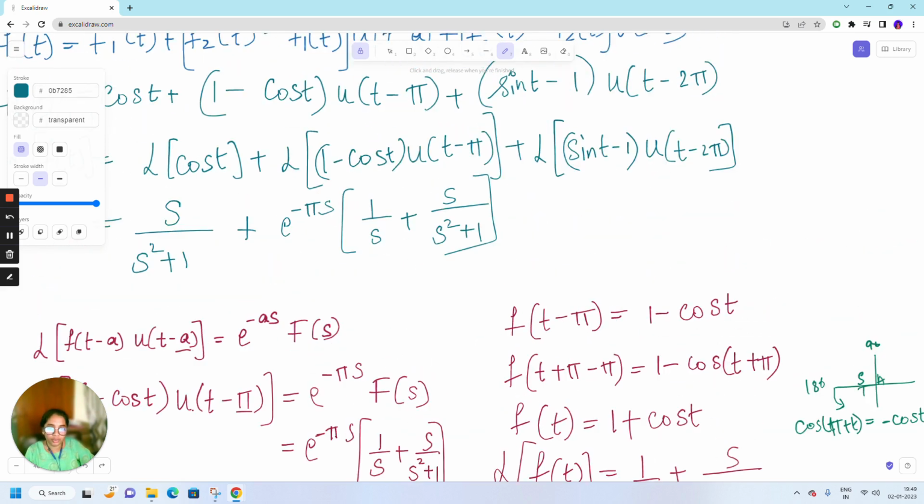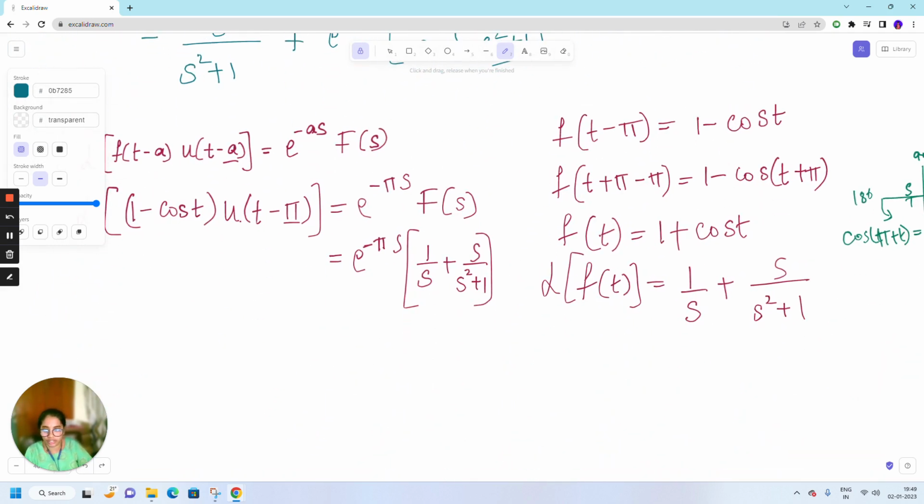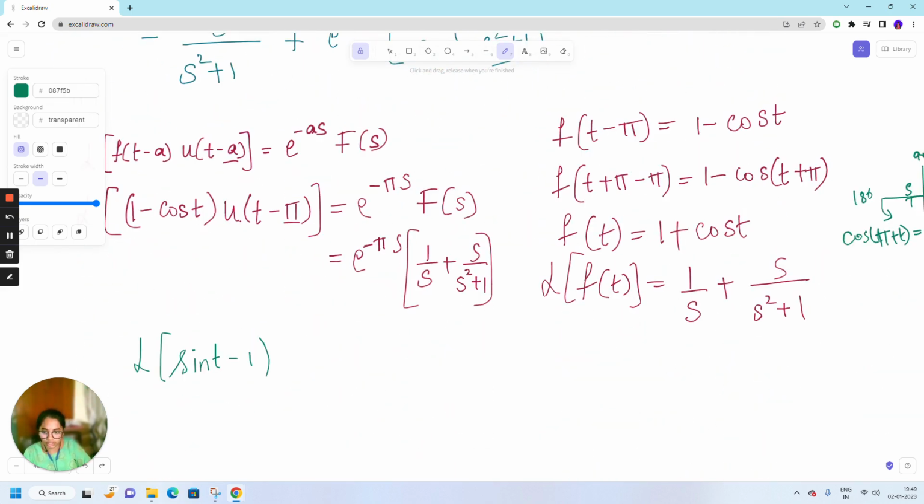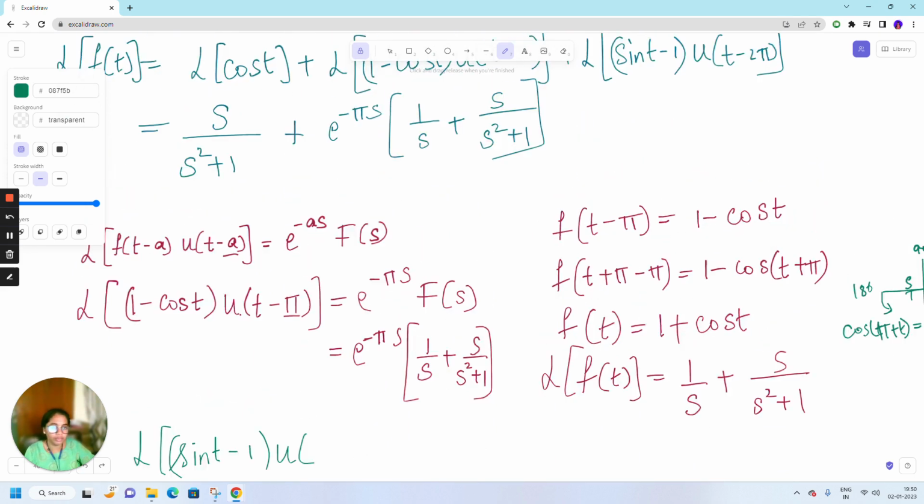Okay, now again for this, let me apply the second property, which is Laplace of sin t minus 1 into u of t minus 2 pi, is it?